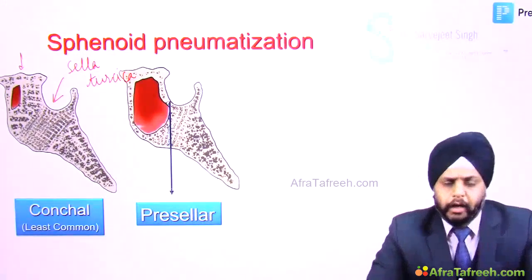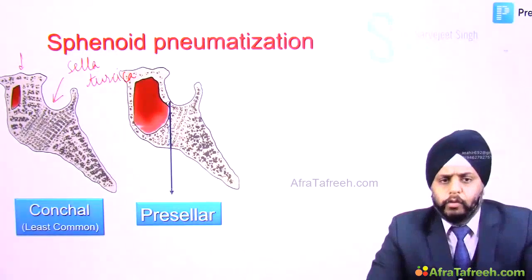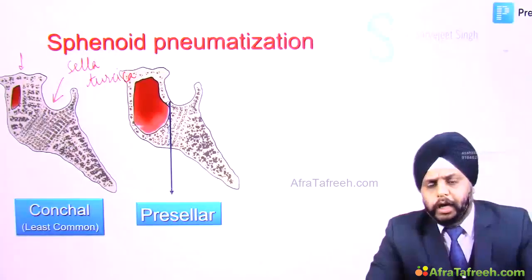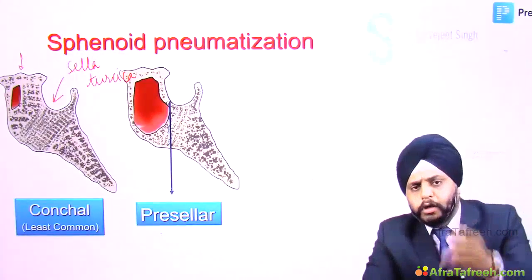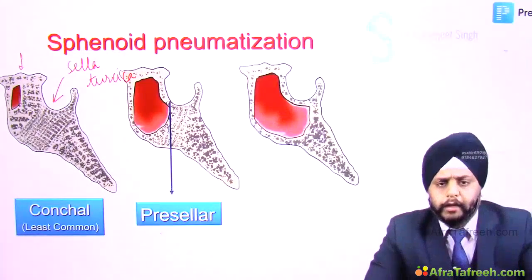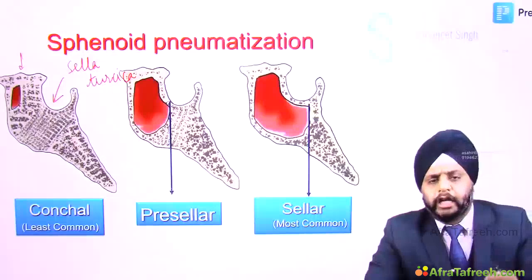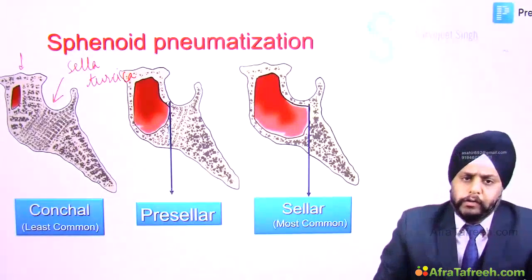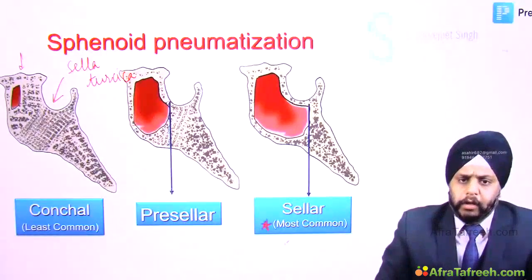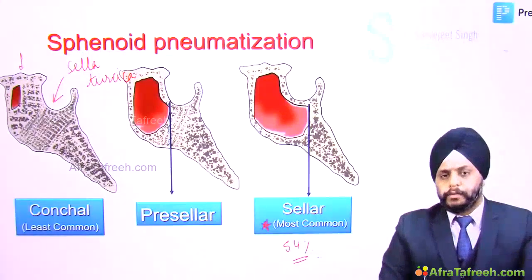I have drawn the line of the anterior wall of sella. And if this pneumatization reaches all across the floor till the posterior wall like this, then this is known as sellar pneumatization. Sellar pneumatization is the most common, seen in approximately 54% cases.